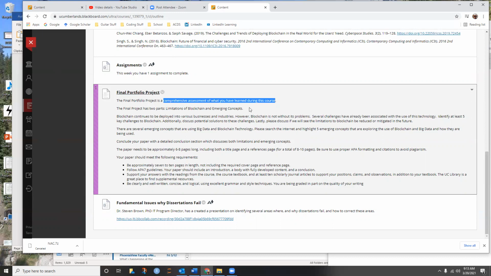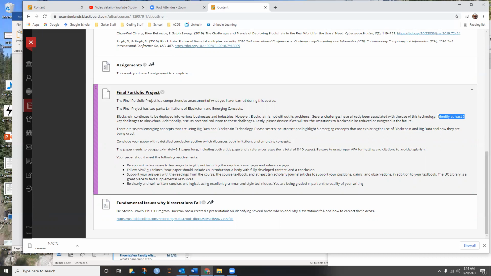Limitations of blockchain and emerging concepts. Pretty easy. 6 to 8 pages. So that's pretty straightforward, right? And that's what's out there. See, they were looking for 5 key challenges. I've put in some of your feedback: I can't follow your train of thought without headers.